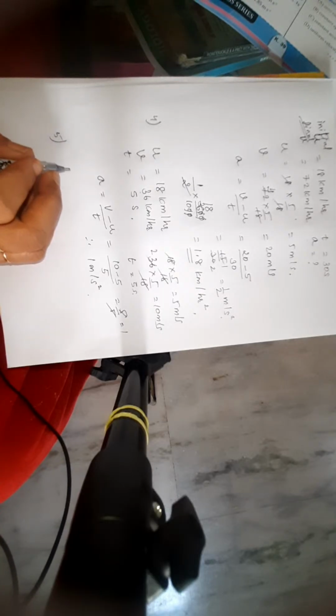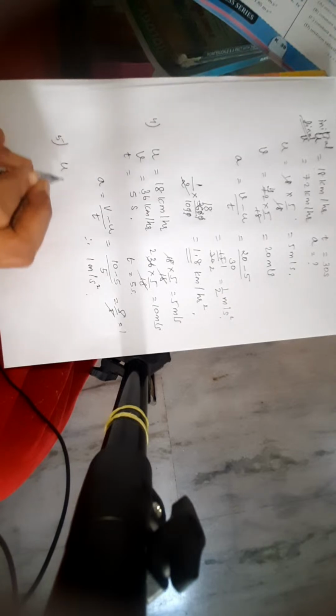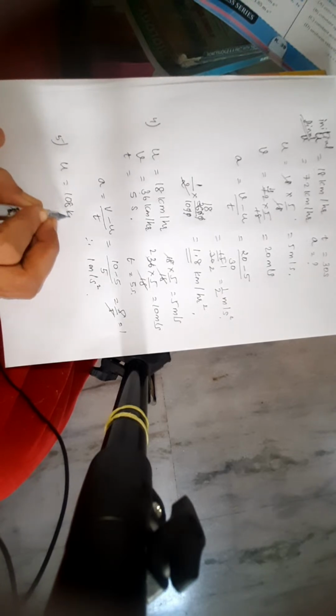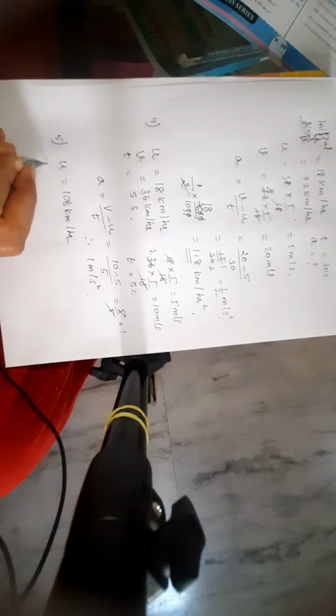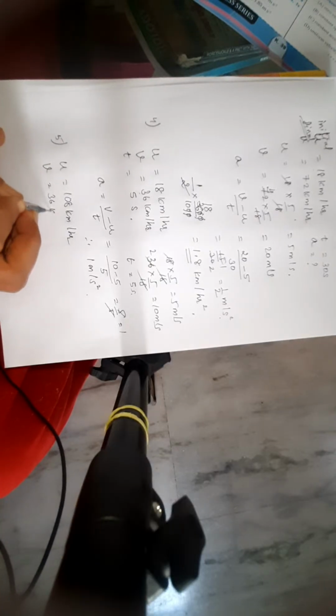Now next question. The speeding car changes its velocity from 108 km per hour to 36 km per hour in 4 seconds.